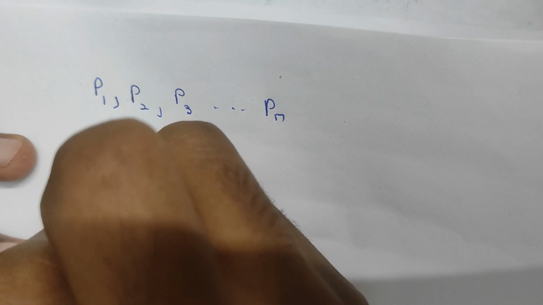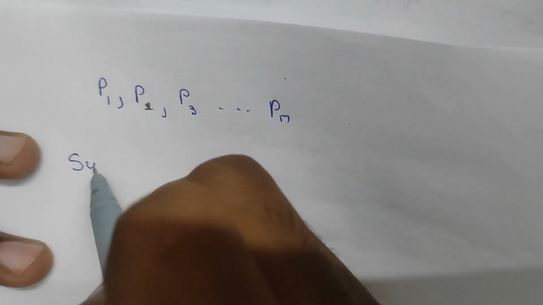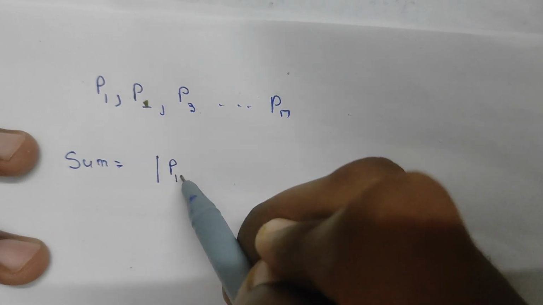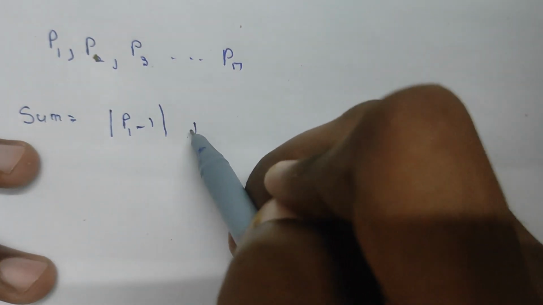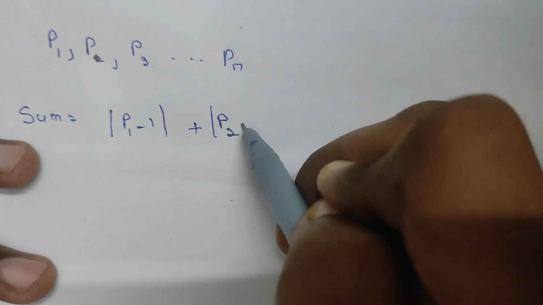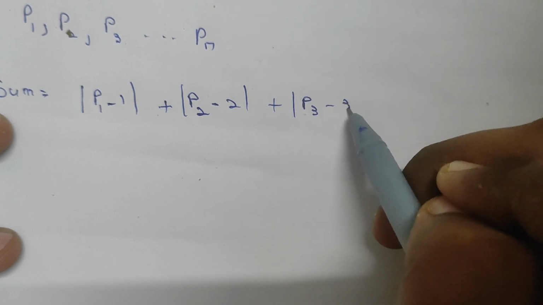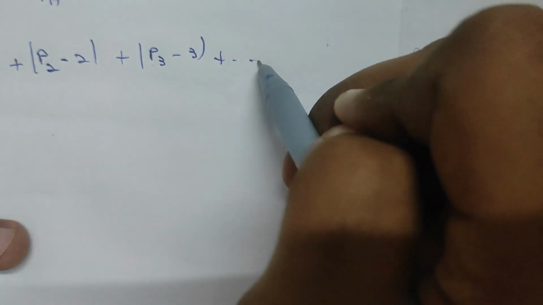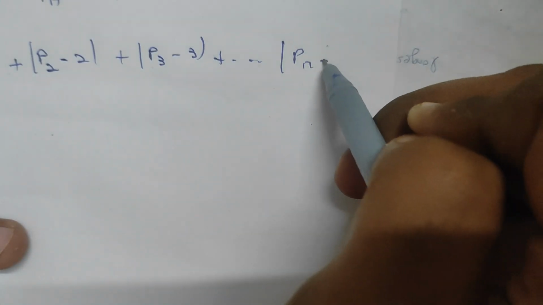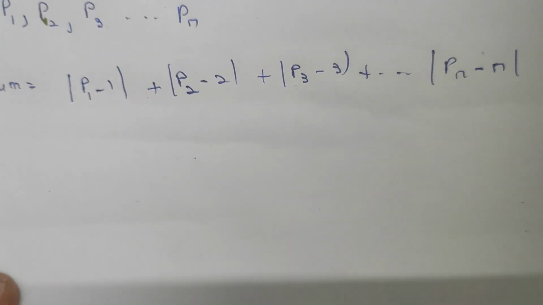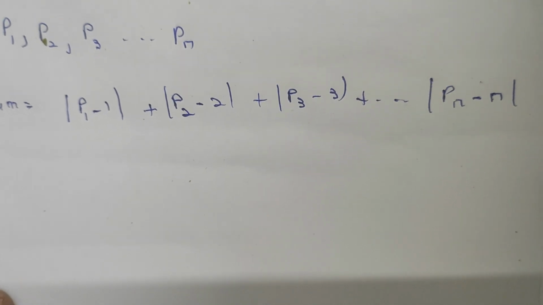the total sum will be equal to modulo P1 minus 1, plus modulo P2 minus 2, plus modulo P3 minus 3, till modulo Pn minus n.